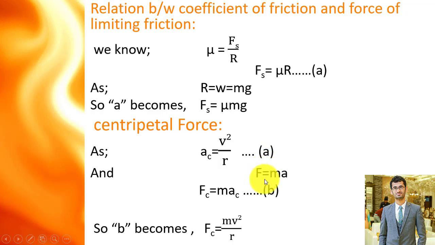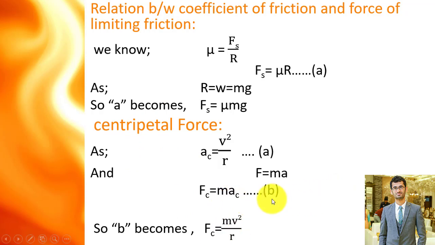We know that by Newton's second law of motion, F = m a. In this case of centripetal force, Fc = m ac, where Fc represents the centripetal force, m is the mass of the object, and ac represents the centripetal acceleration.